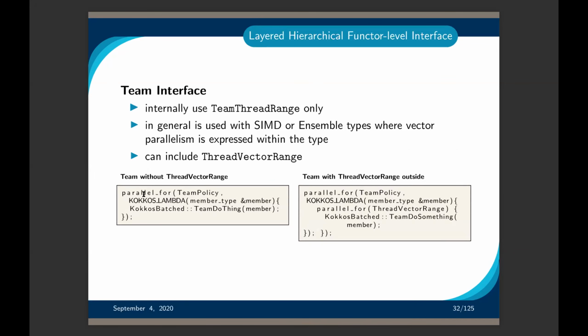So for this particular example, we have a team policy, and then we do Kokkos batch team do-something, and it means that our data type may use vector parallelism internally. If the data type does not use vector parallelism on the GPU, we can flip the loop. We can put this thread vector range outside and then put the team parallelism inside. This is some advanced use case.